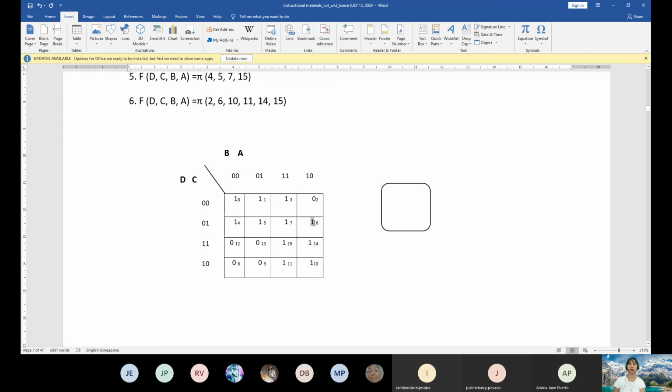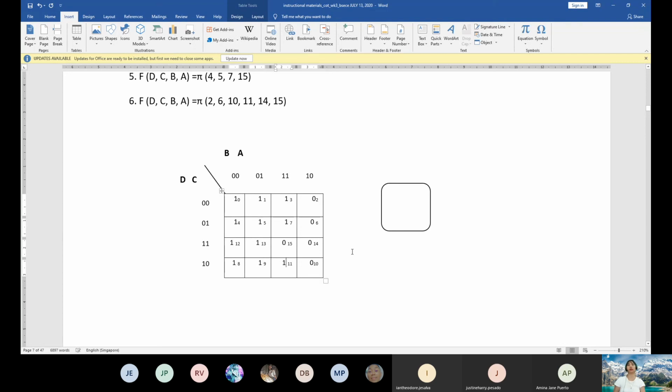So let's try to find those. We have 2, then 6, then 10, 11, then 14, 15. The rest are ones.